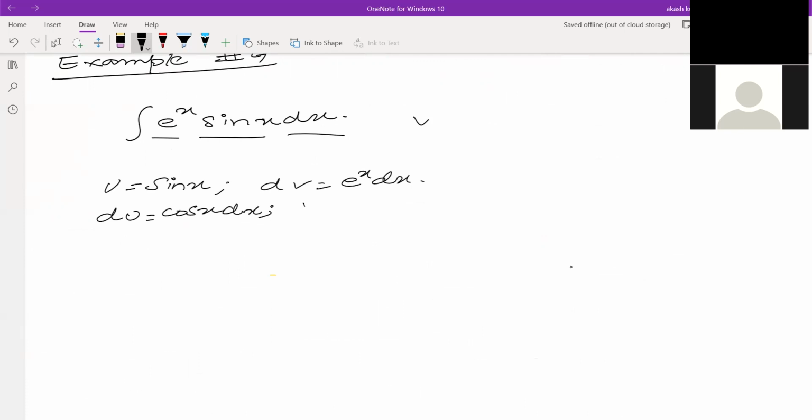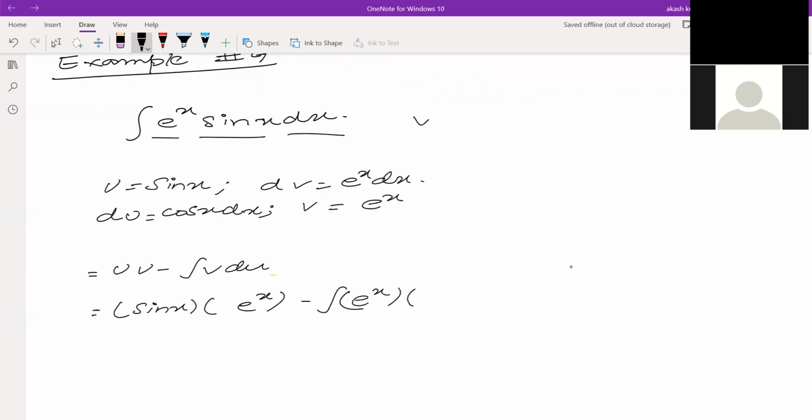From dv to v, I have to integrate it, so e^x. Applying the integration by parts formula, it becomes uv minus integral of v du. So my u is sin x, my v is e^x, minus integral of v, which is e^x, and du, which is cos x dx. Is it clear so far?